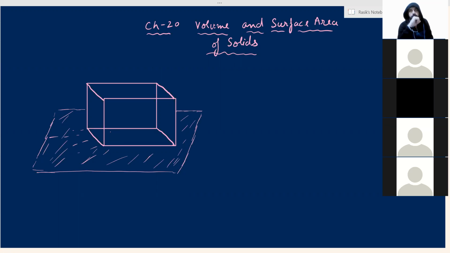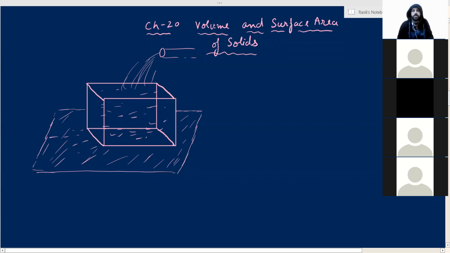Or we can also say the capacity of a solid. Suppose this is a box kind of thing, and if I fill it with water with the help of a pipe, the amount of water that this solid can hold, that is the capacity of this solid, which is also the volume.